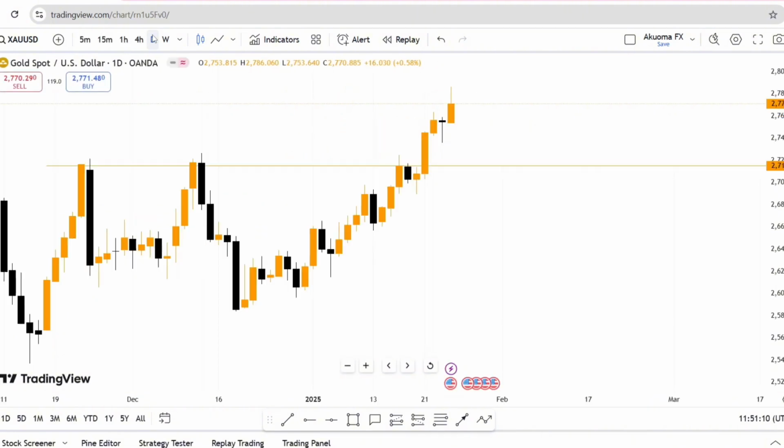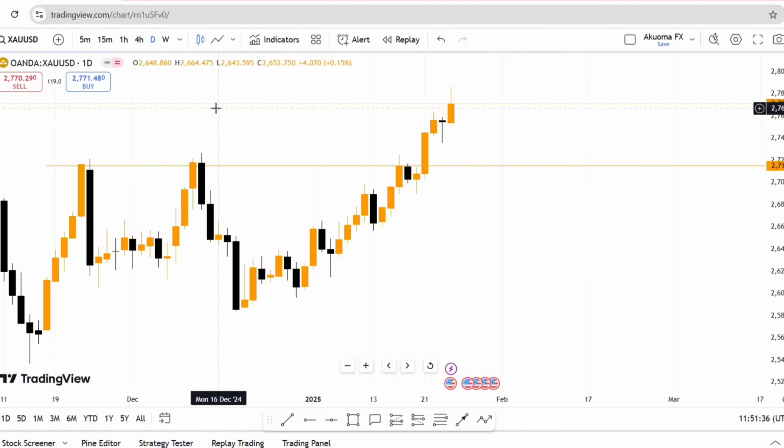The higher the time frame, the longer it takes to play out. But when you do your top-down analysis to the lower time frame, you understand what you should be looking out for at that time, not just waiting for when it will happen.